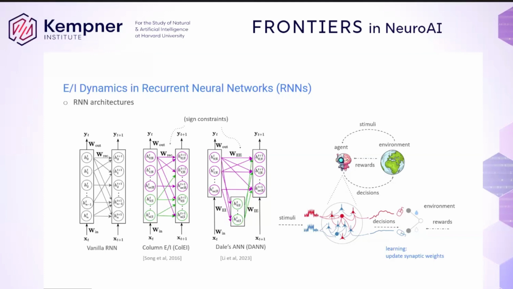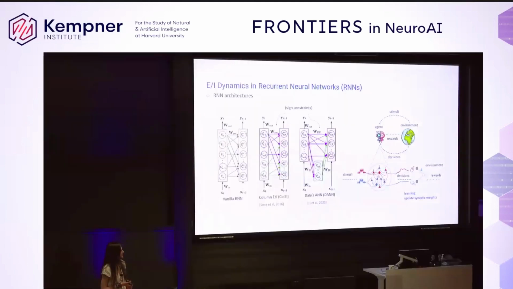Whereas the other network, Dale's artificial neural network, places the inhibitory neurons in between excitatory neurons and only allows for local inhibition. But the positive thing is that the weight matrix for the recurrence is actually unconstrained, even though we constrain all of the individual weights between excitatory and inhibitory, and inhibitory and excitatory. The overall weight matrix is allowed to take any form, which leads to better optimization properties.